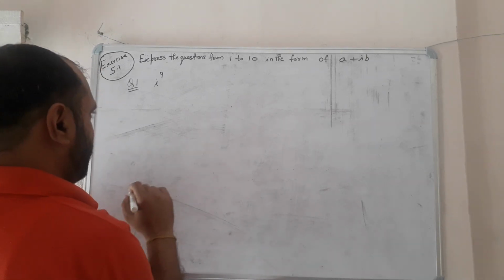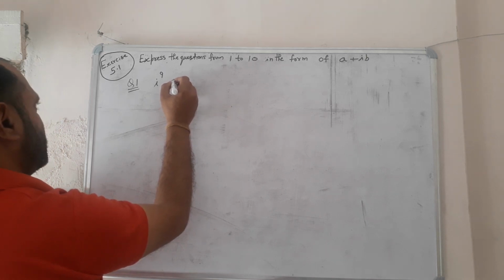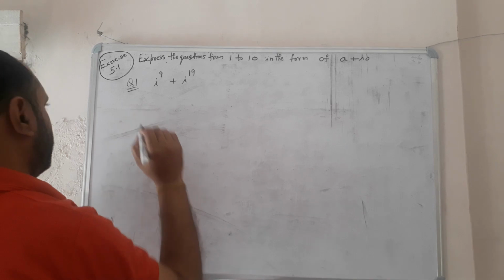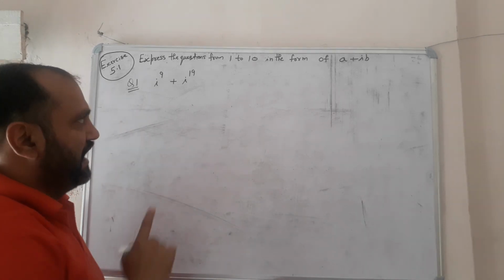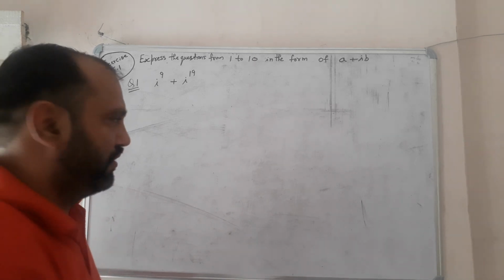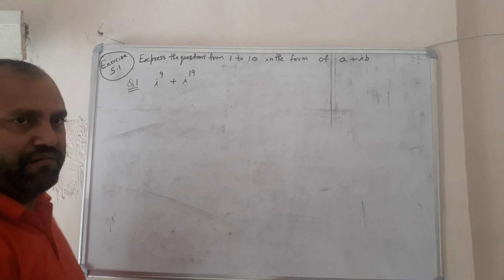Question number 1 is iota raised to the power 9 plus iota raised to the power 19. We have to express this in the form of a plus iota b. As you know, this is the integral power of iota.